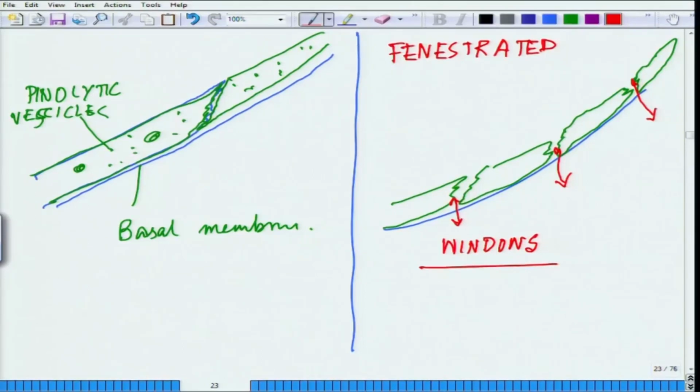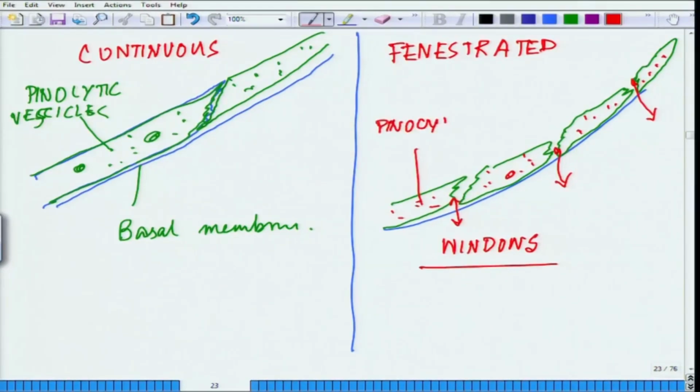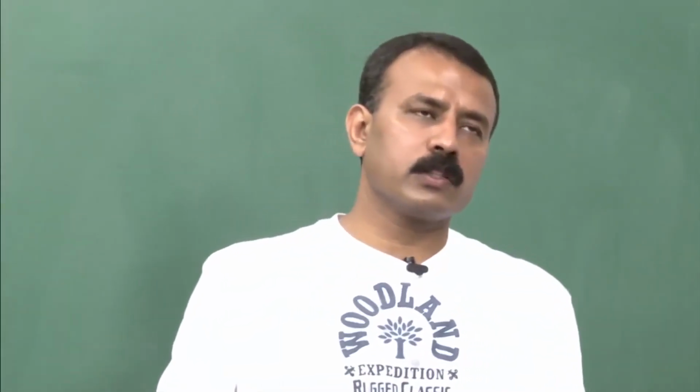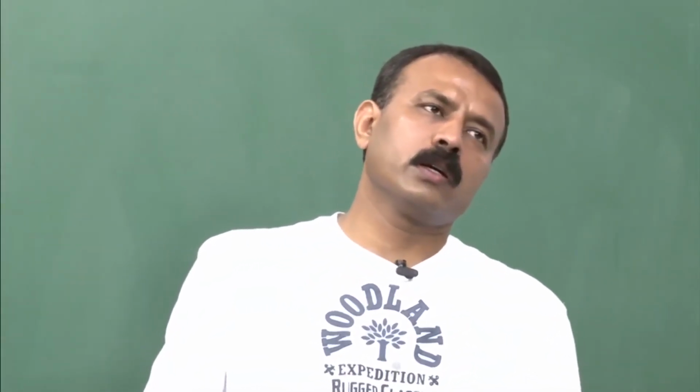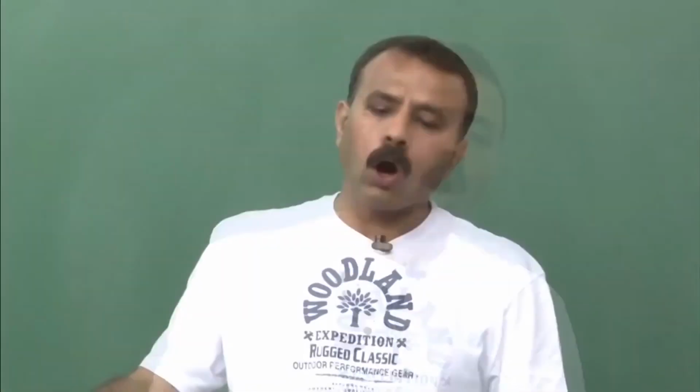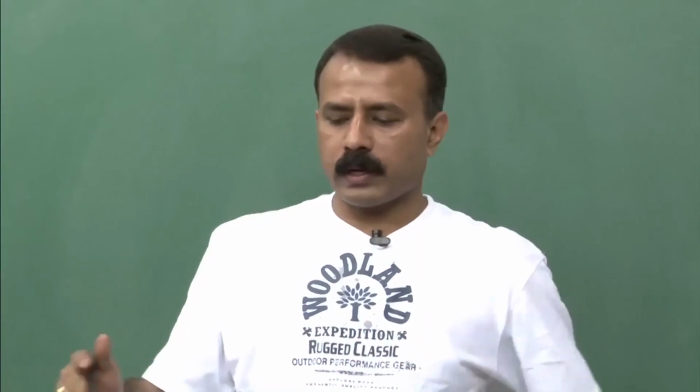And this is where we are talking about the continuous capillaries, and here you have the different pinocytic vesicles. So this is how the fenestrated capillaries and the continuous capillaries look. Continuous capillaries indeed promote exchange, but the fenestrated capillaries with the window-like structure promote even more exchange of the nutrients, gases and everything.